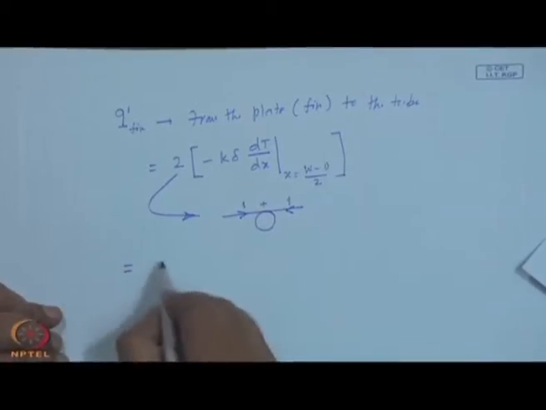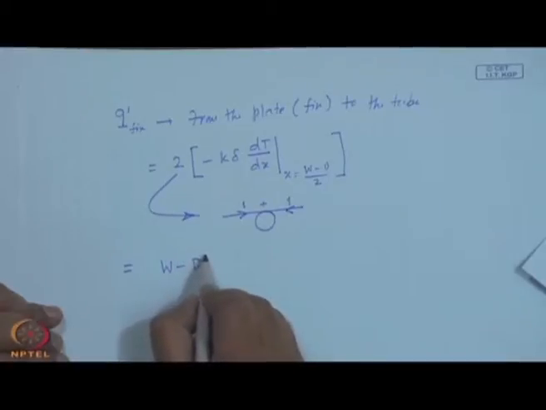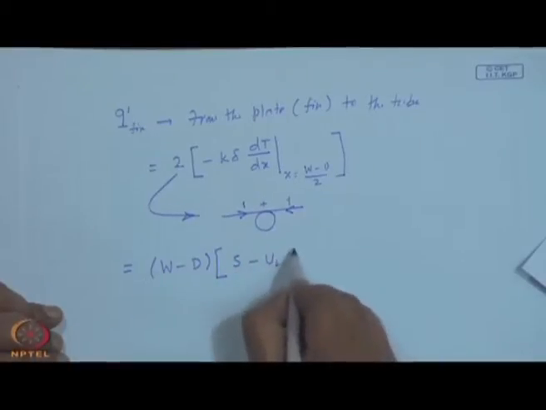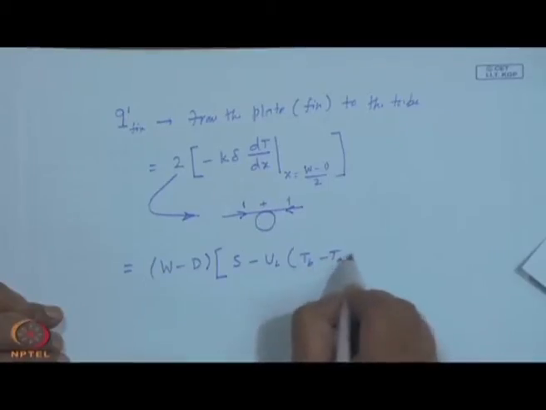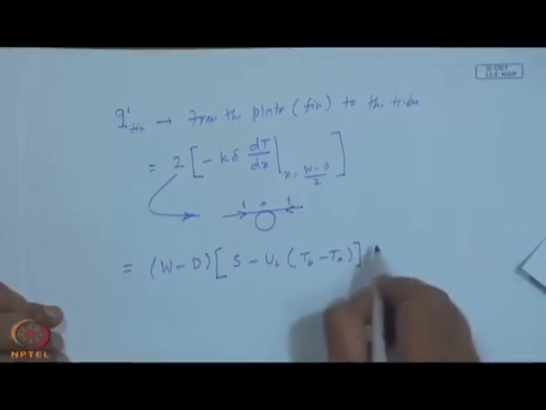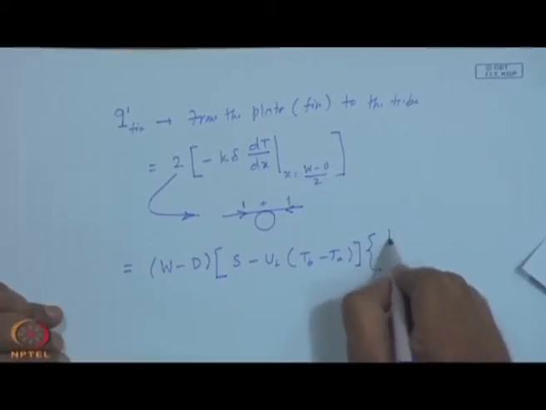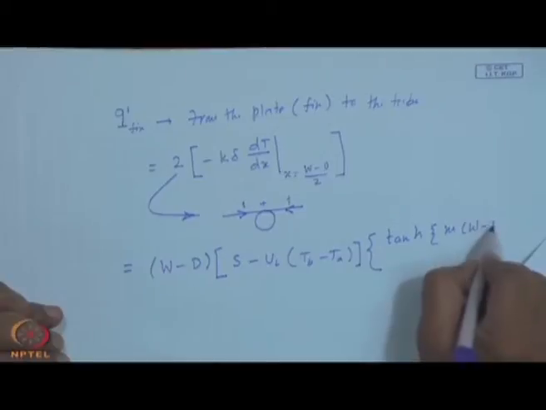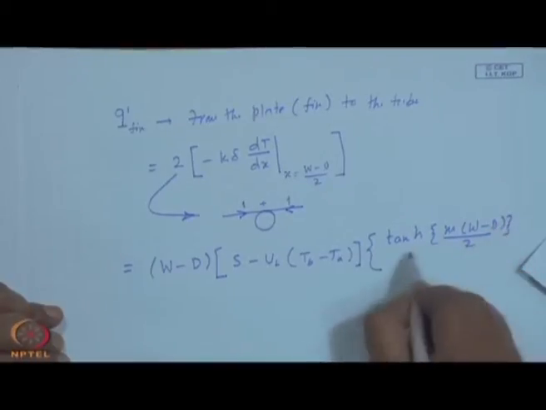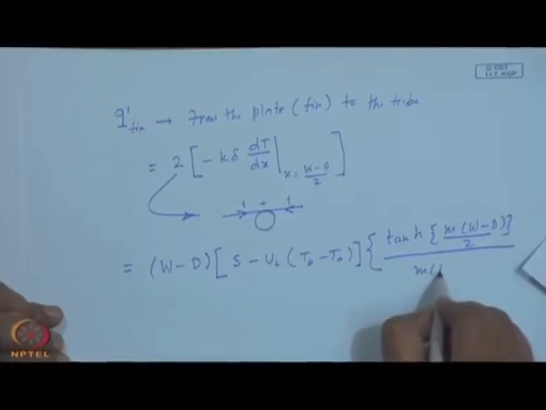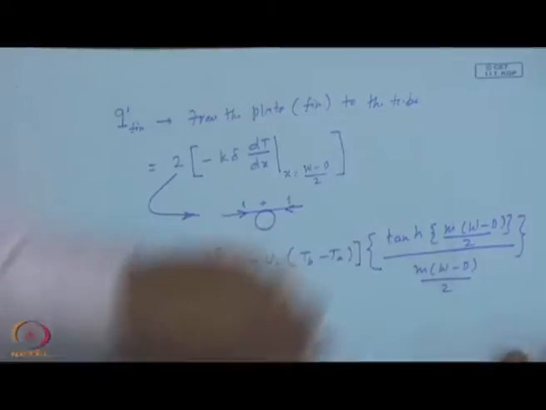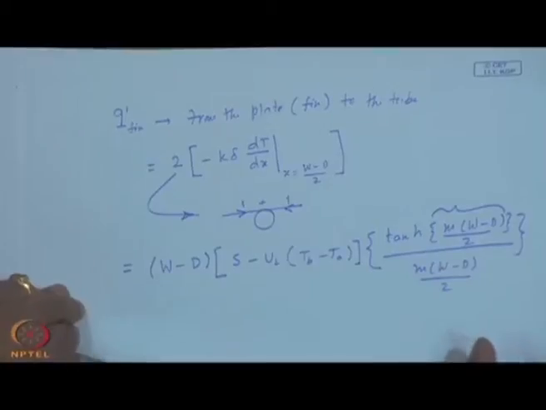So if you evaluate, you will have (W minus D) times (S minus U_L) times (T_b minus T_a) multiplied by tanh(m(W minus D)/2) divided by m(W minus D)/2. Since m is non-dimensional, this entire quantity will have a length dimension.